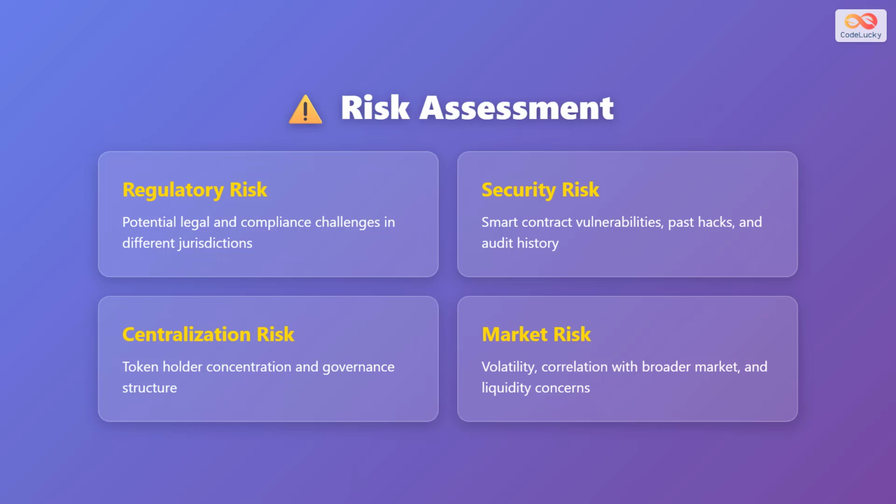Every cryptocurrency investment carries risks that must be carefully evaluated. Regulatory risk involves potential legal and compliance challenges in different jurisdictions. Governments around the world are still figuring out how to regulate crypto, which creates uncertainty. Security risk includes smart contract vulnerabilities, the history of past hacks, and whether the project has undergone professional security audits.